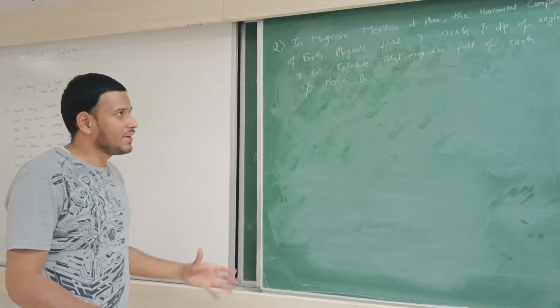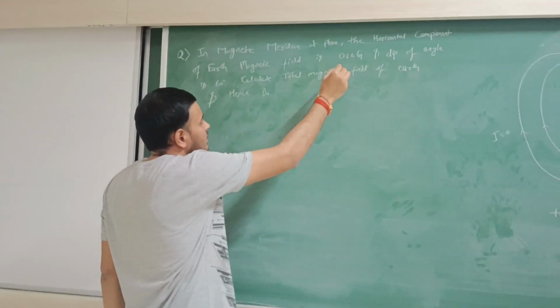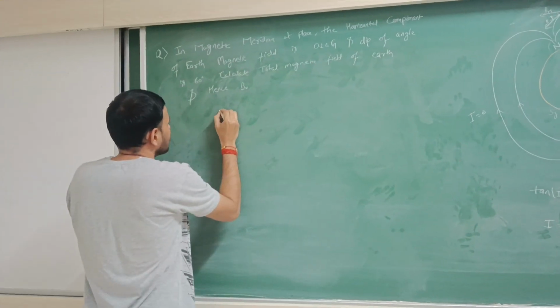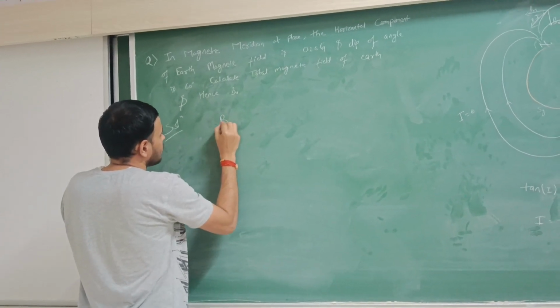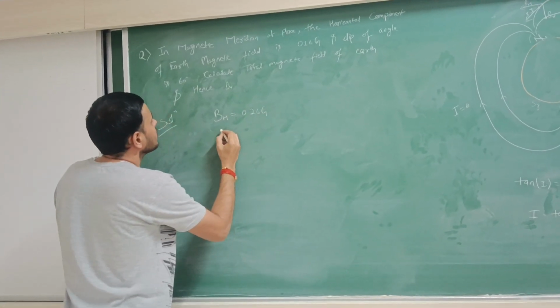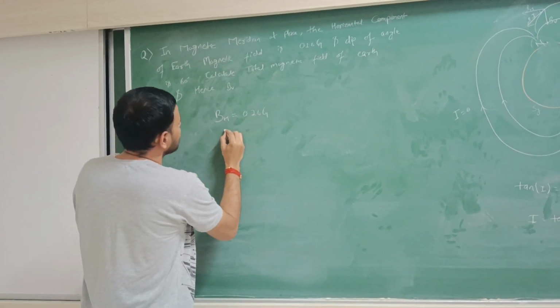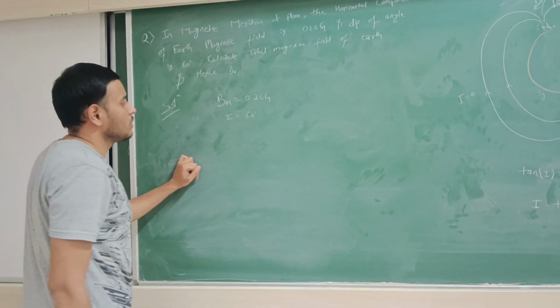We are given the horizontal component of the magnetic field, that is BH. Solution: we are given BH is equal to 0.26 gauss, and the angle of dip I is equal to 60 degrees. Then we have to find the total magnetic field.